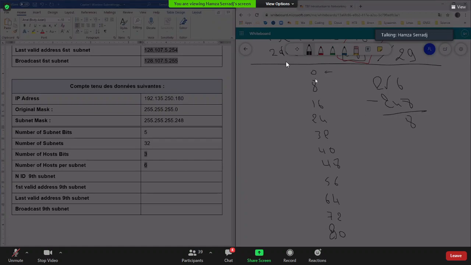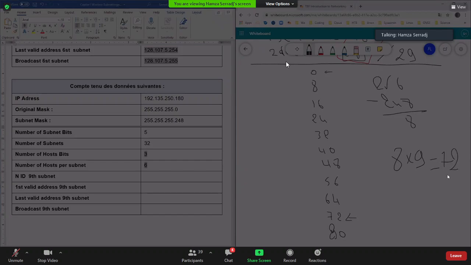Imagine if he asked me for the number 20, I would not count up to 20. If he says find subnet 9, all I need is to take the block size times 9, and I will end up with this one, which is 72.